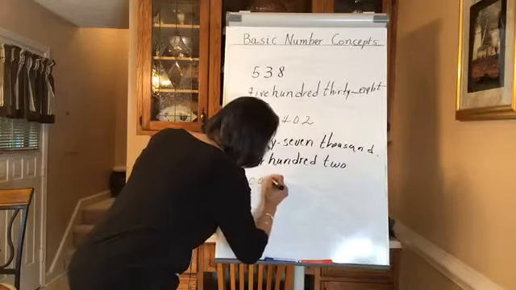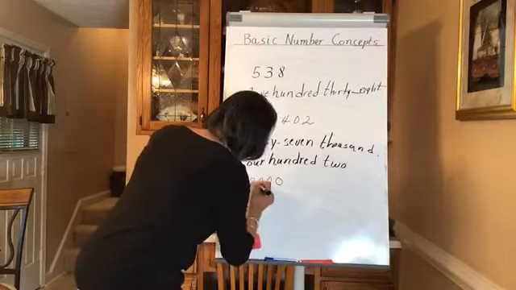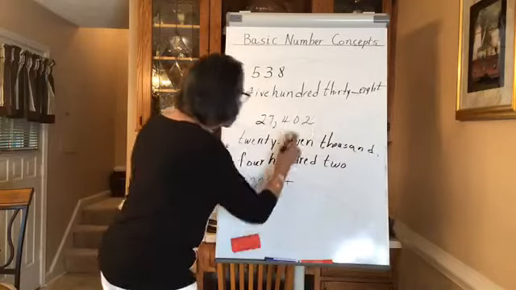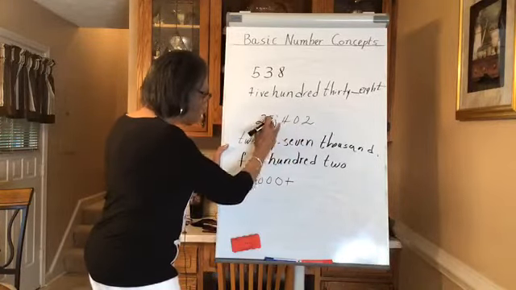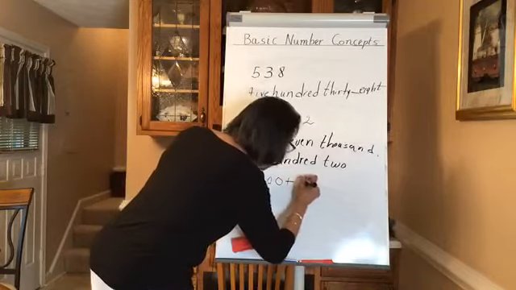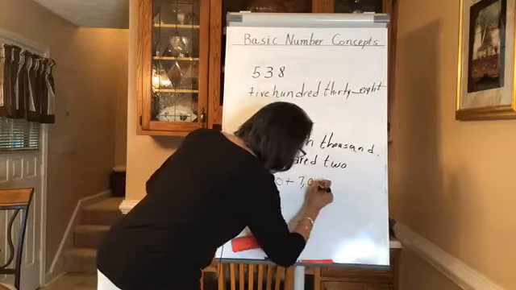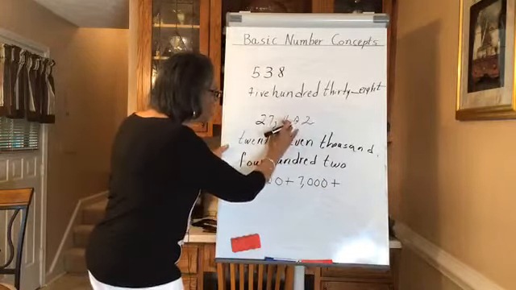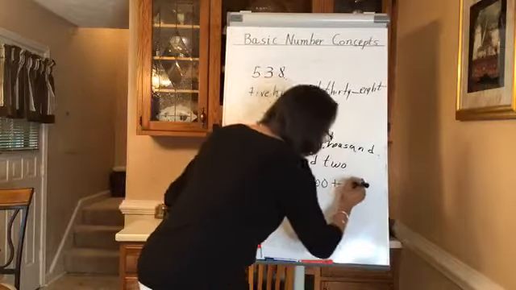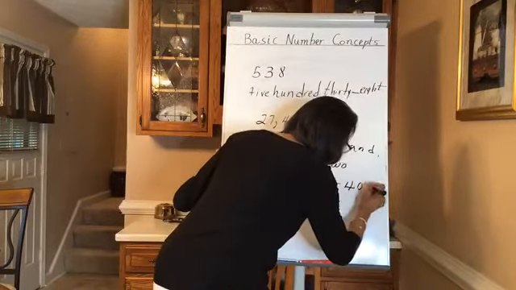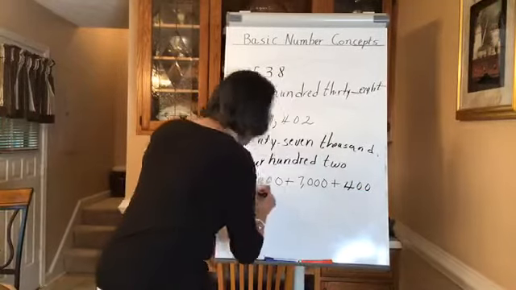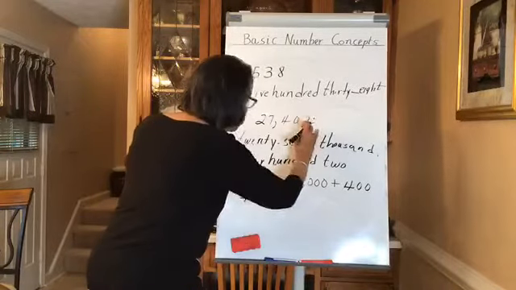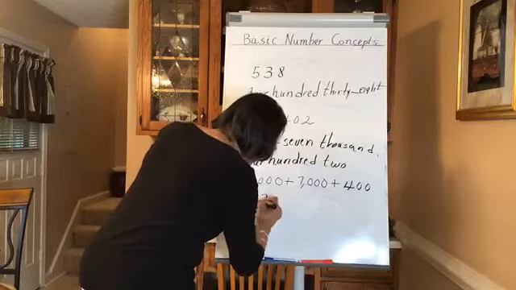So that's 20,000 plus ones, tens, hundreds, thousands. So that's 7,000 plus ones, tens, hundreds. So that's 400 plus 0, and we don't need to write that. 2 ones. So that's 2.